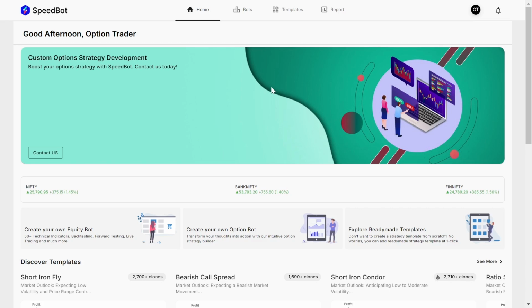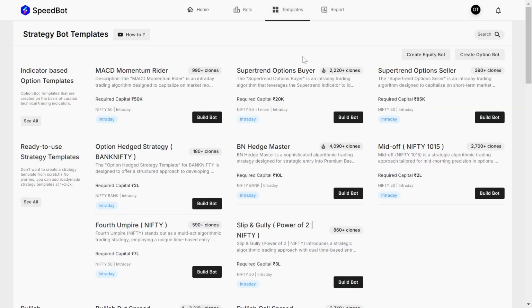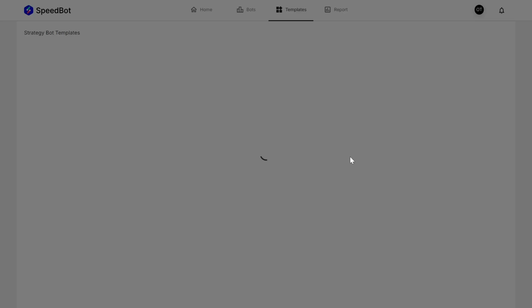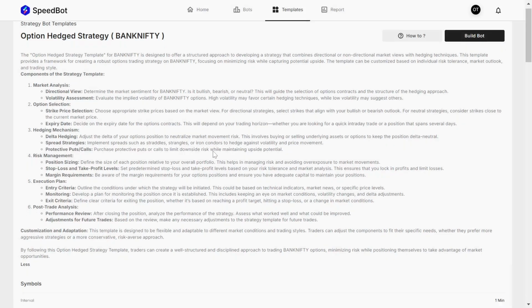So over here, if you are a beginner and if you'd like to see how the algo works, then over here you can go to the templates. So these are the trading logic which are already disclosed, and based on that you can understand when the bot takes an entry, when it exits.